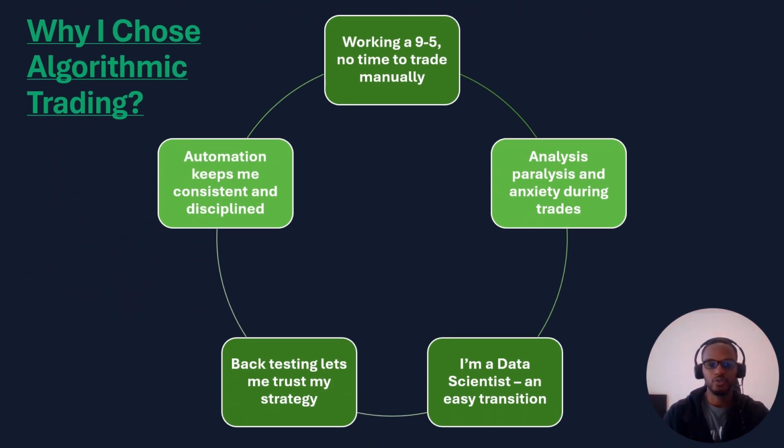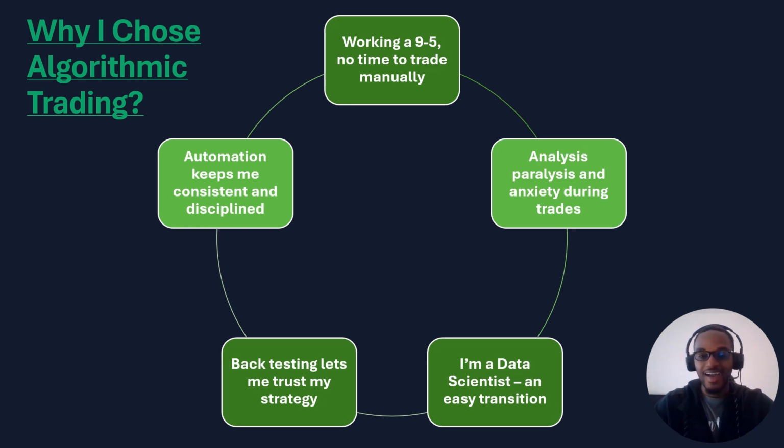So why did I choose the algorithmic trading route instead of doing manual trading? First off, I work a 9 to 5 and the market is open during business hours. Therefore, I could not trade during the day because of how my job is set up; I cannot have my cell phone in the environment. So I couldn't actually manage the trades day to day.